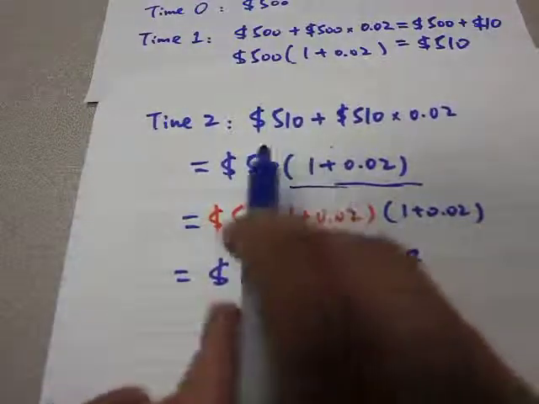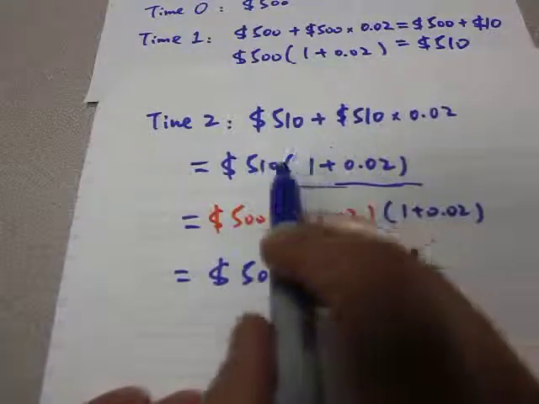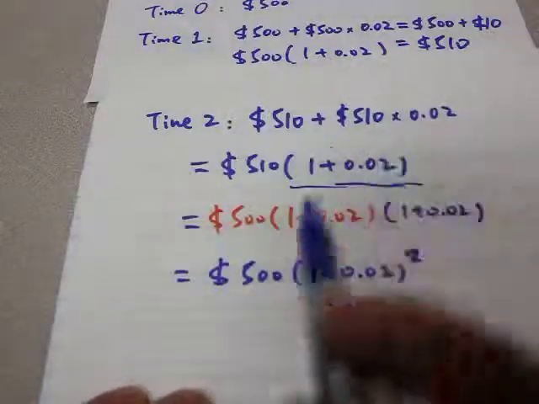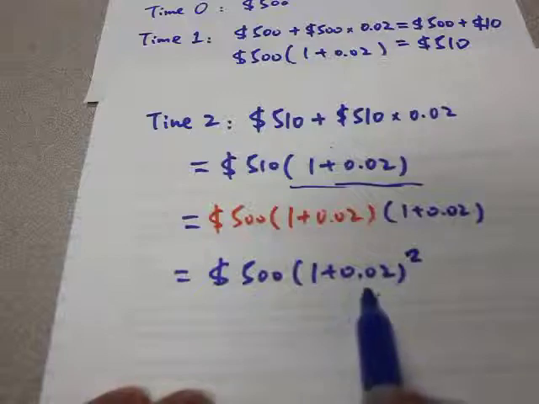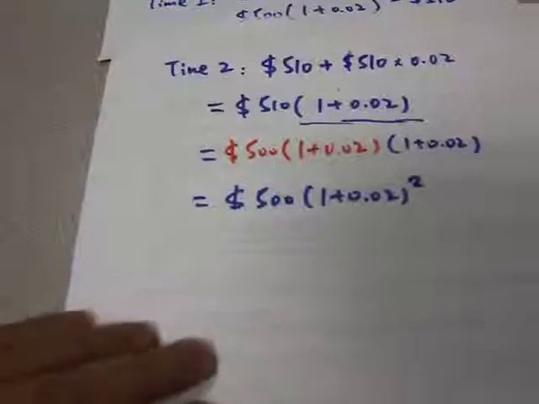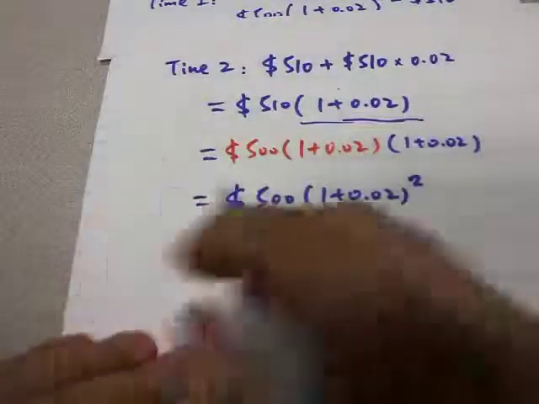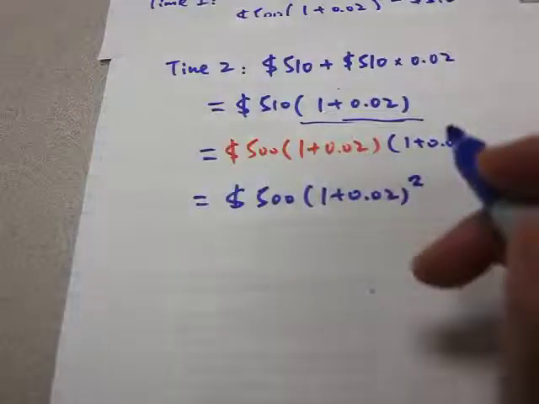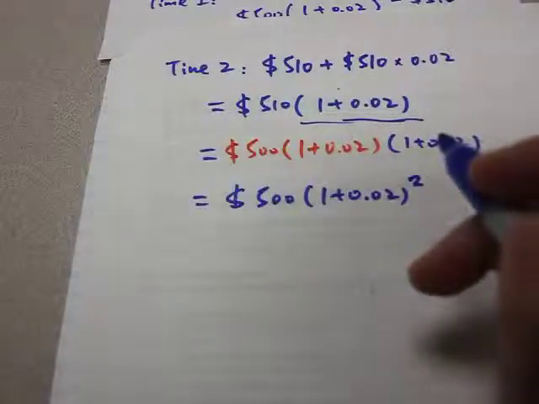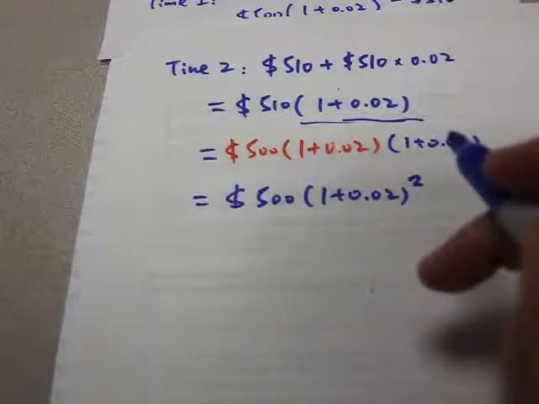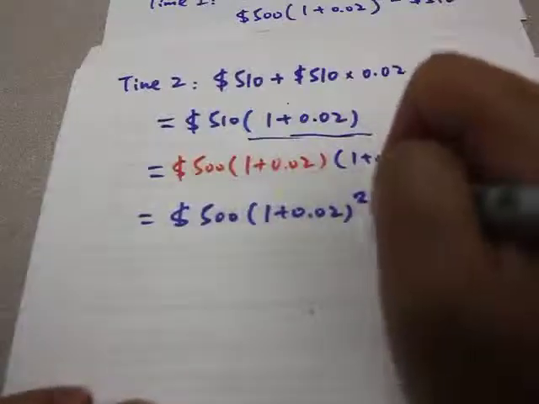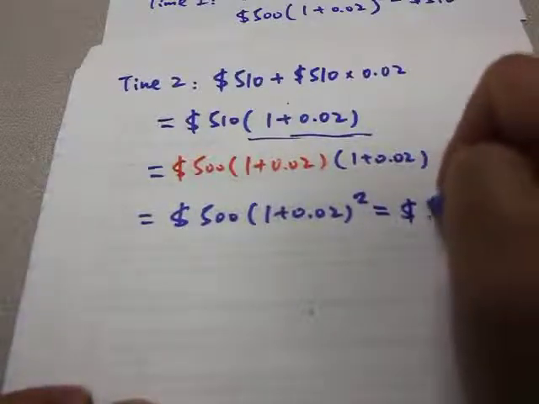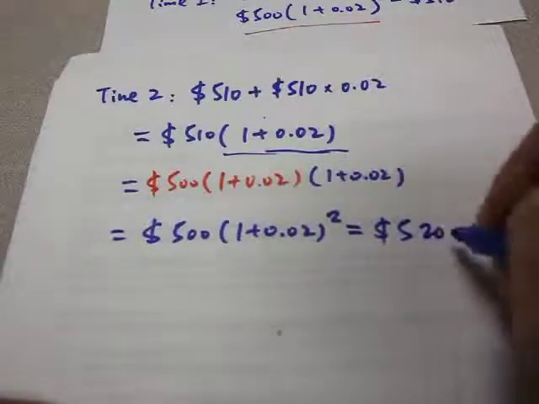Therefore, I can write the total amount of money this way: 500 times 1 plus 0.02 squared. And this is equal to 520.2.